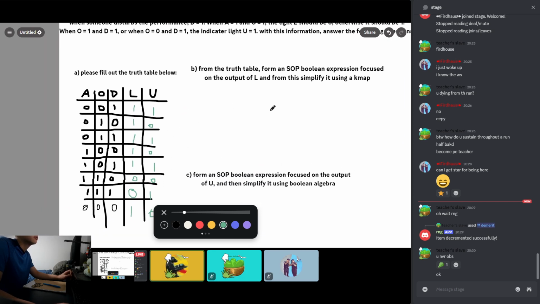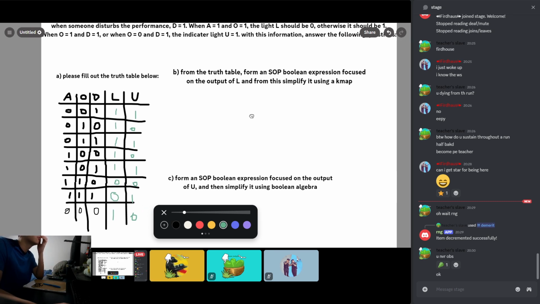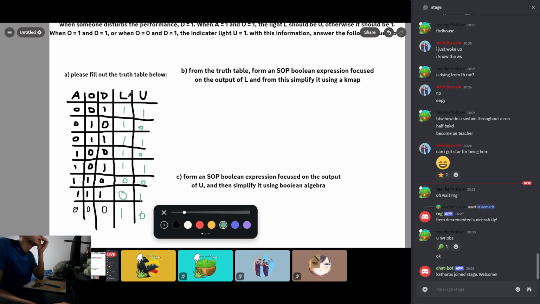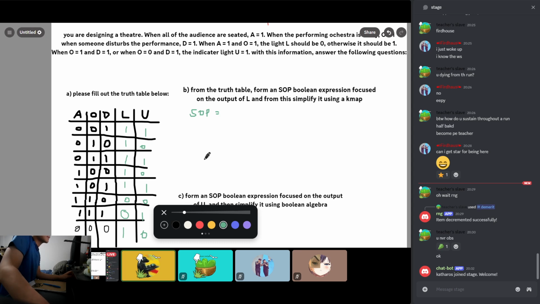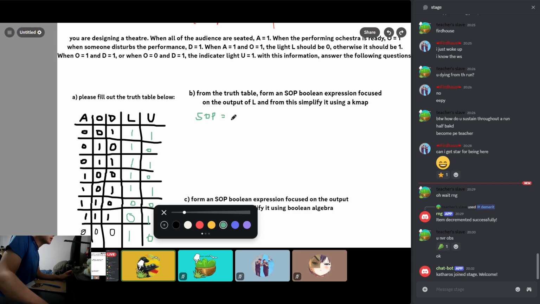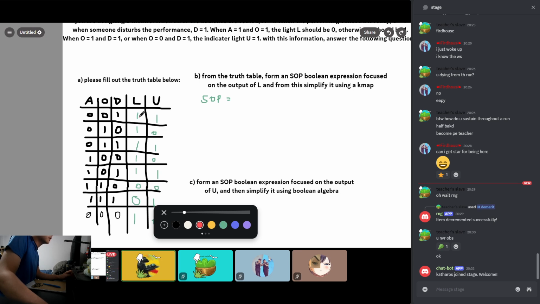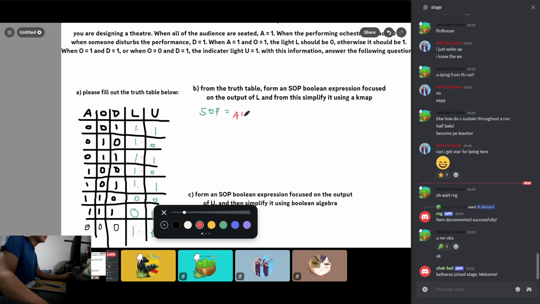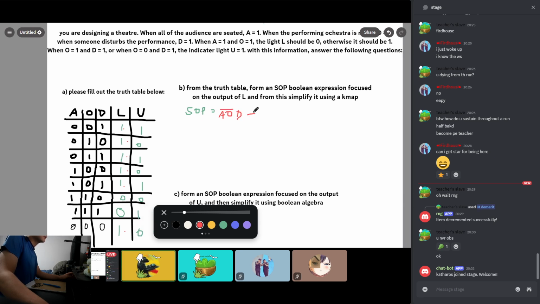From the truth table, form an SOP Boolean expression focused on the output L. Some of y'all, when forming your SOP Boolean expression, may include D. Y'all may say when it's 1, so here we have to write it out: A O bar D, plus A bar O D bar.